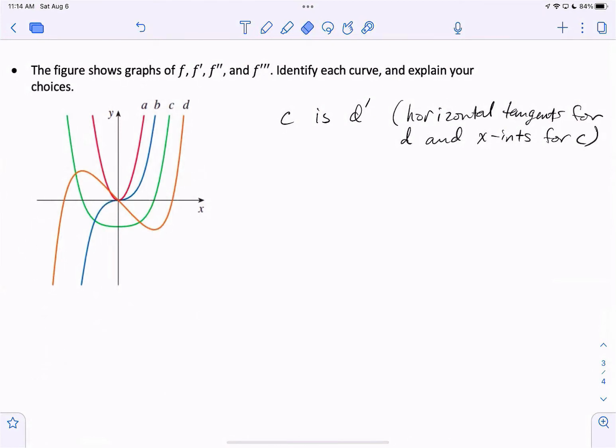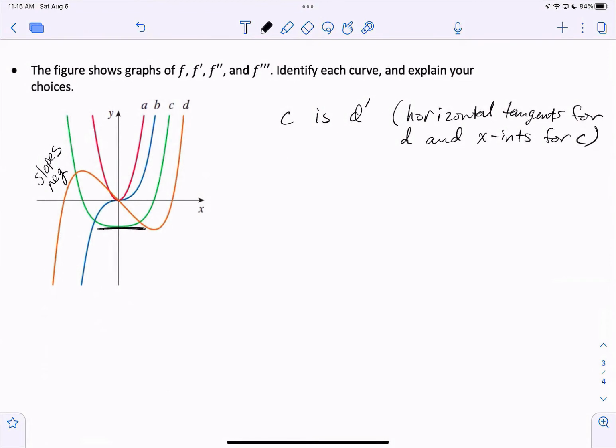And now let's look at the graph of c. We have here a place where the tangent line is horizontal. So I'm looking for another function that has an x-intercept at the origin. Well, they all have an x-intercept at the origin. But notice to the left of the y-axis, the slopes of the tangent lines for the green one, for c, are negative.